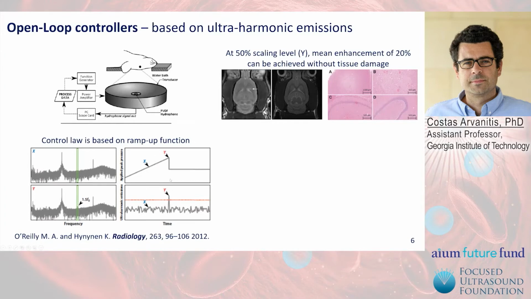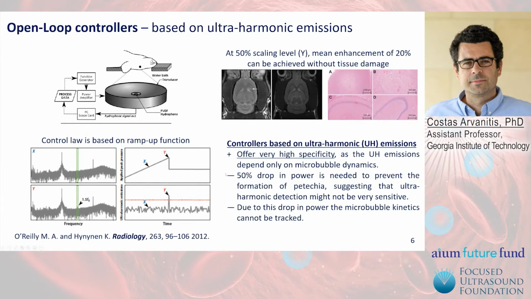And this is the point, the Y here. Then at that point, the pressure is dropped by 50%, and the sonications remain fixed until the treatment is complete. So overall, controllers based on ultraharmonics offer extremely high sensitivity and specificity, as the ultraharmonic emissions depend only on microbubble dynamics.